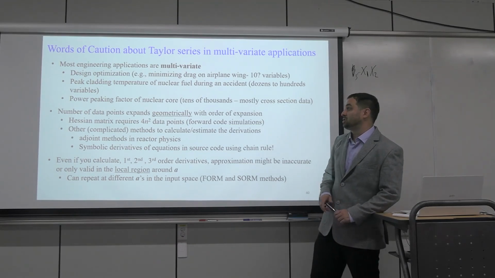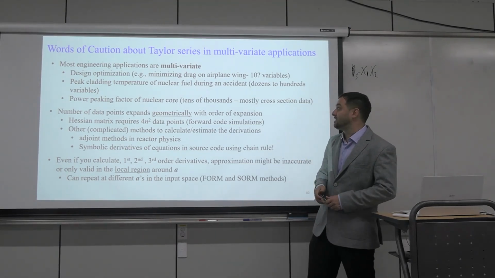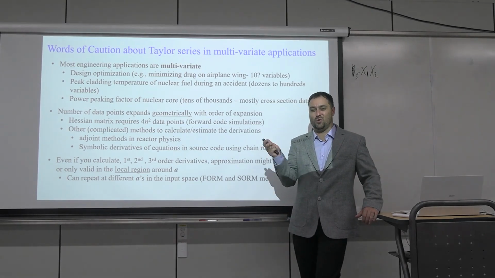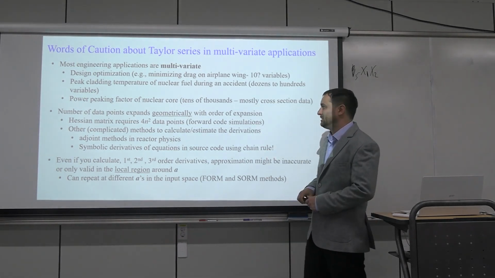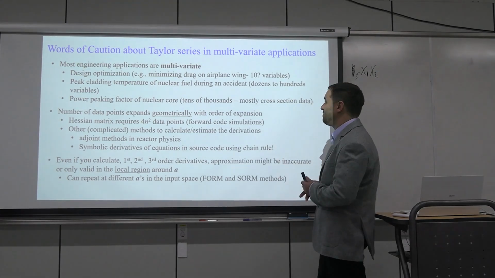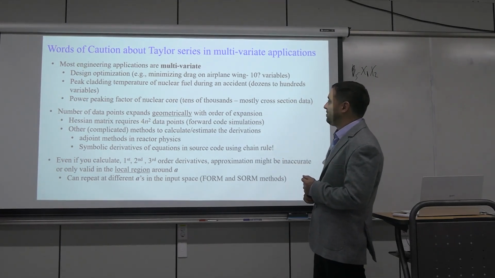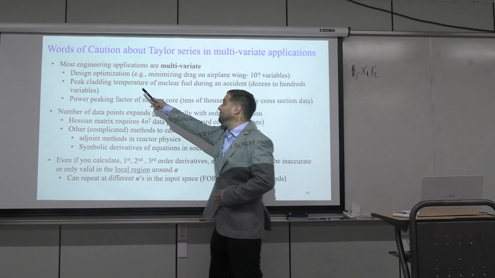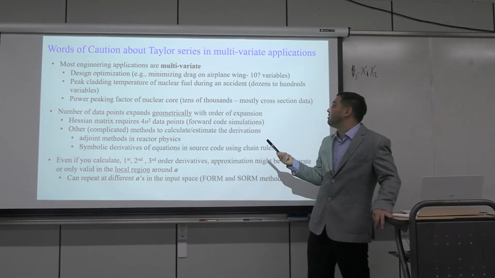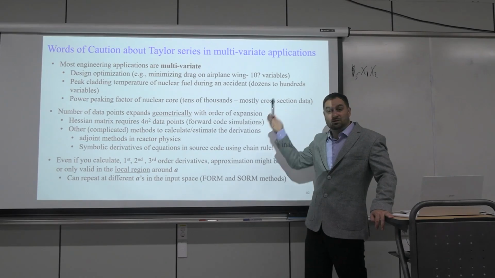Okay. So words of caution about Taylor series in multivariate applications. Most engineering applications are multivariate. That's why some of the textbooks and internet resources always do the bivariate case, which in many applications doesn't give us the information we need. So, for example, design optimization: if you're trying to minimize the drag on an airplane wing, there's probably around 10 variables?